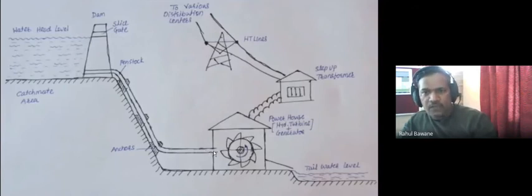This high velocity jet impinges on the turbine blades, and the turbine rotates and produces mechanical energy. This turbine is coupled with a generator.